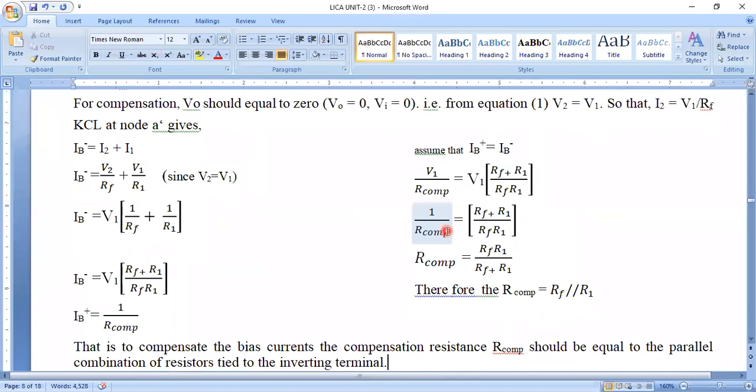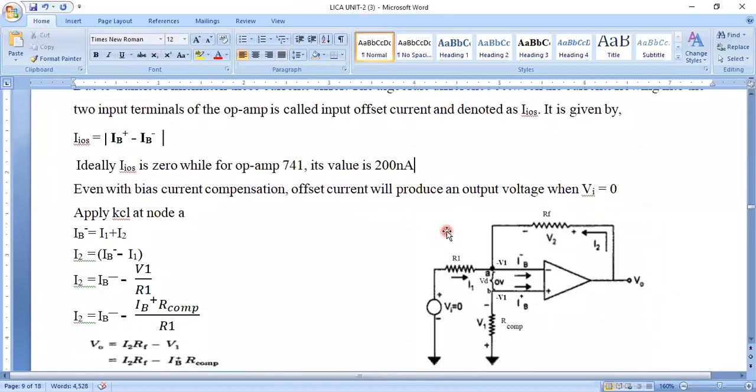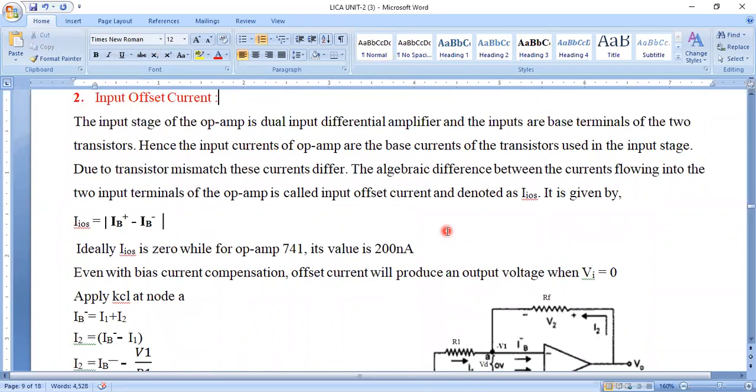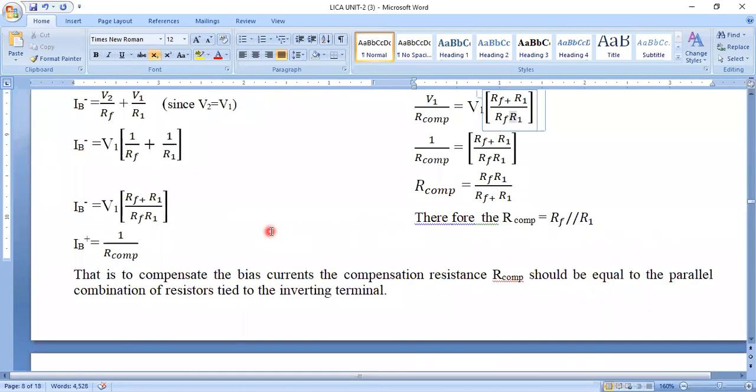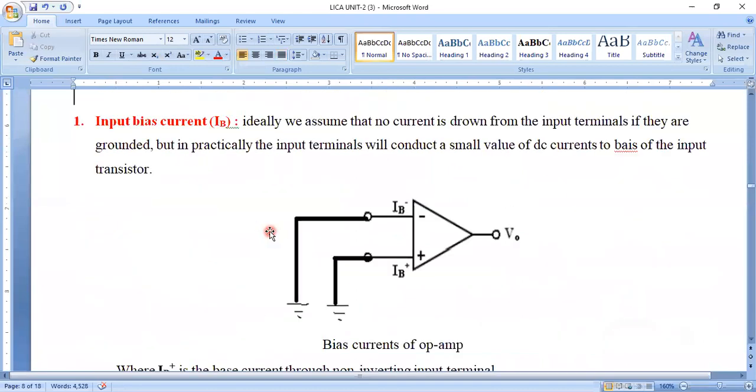Now the second DC characteristic of the operational amplifier: input offset current. We discussed in the previous class how this input offset current is produced, due to the difference of the biasing currents. If we see the basic circuit, it will be clear.